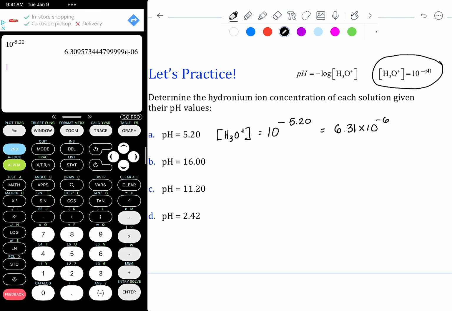Okay, so for these next ones, I want you to try these on your own. Again, type this into your own calculator that you are going to be using on the homework and the exams so that you are comfortable and prepared to do that independently.